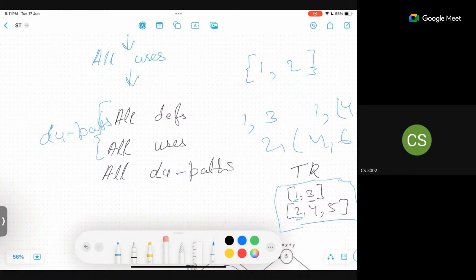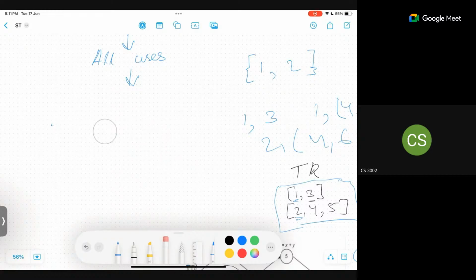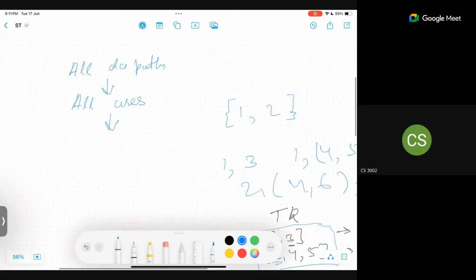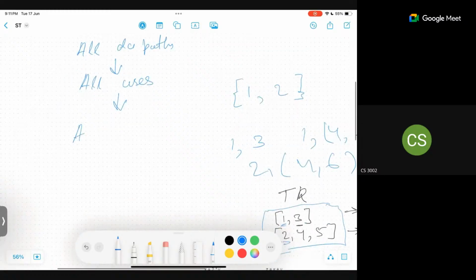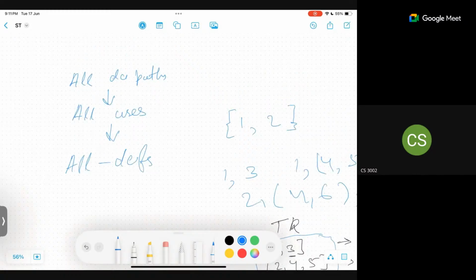So the subsumption is something like this: all du paths, all uses, and this actually subsumes all defs. If you have done all du paths, then all uses is automatically done and all defs is automatically done. If you have done all uses, then all defs again is done. If you've done only all defs, then it's not the other way around.